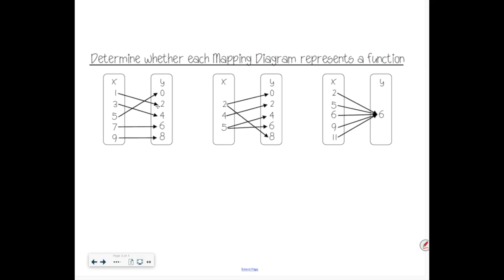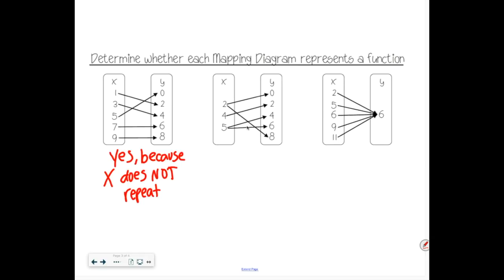Yes, it is a function, because x does not repeat. Okay, so you can't have x going out twice. You can only have x going out once, all right?